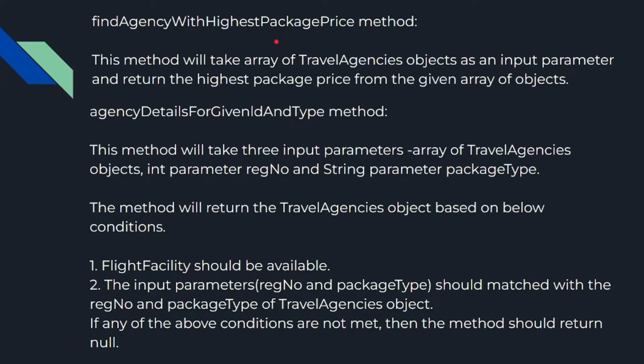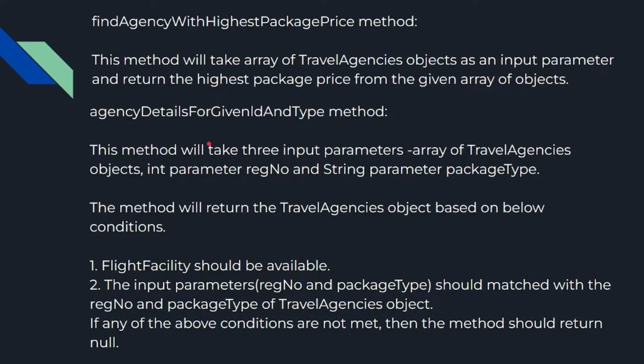Here they have defined what each method will take as input, what it will perform, and what it will return as output. The method findAgencyWithHighestPackagePrice will take an array of TravelAgencies objects as input and it will return the highest package price from the given array of objects.